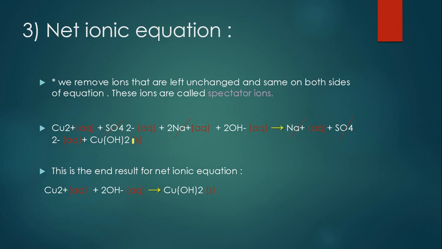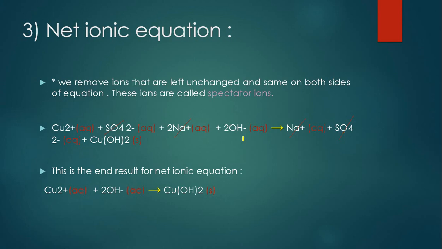Look at the example: this is the complete ionic equation from the previous step. As you see, the SO4, or sulfate, and sodium are left unchanged on both sides of the equation. Therefore, I'm going to cross them out, because they are spectator ions.